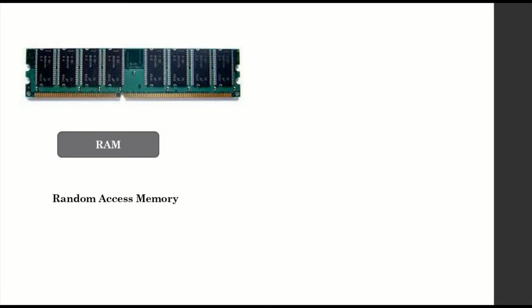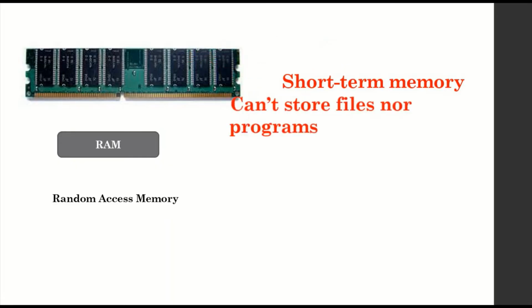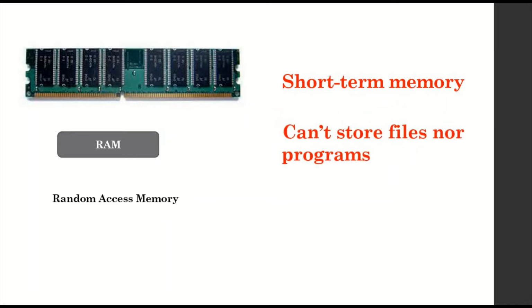RAM is the short-term memory that the computer uses when it is performing calculations. However, you cannot store your files or install programs in RAM because RAM deletes everything in it whenever the computer is shut down.